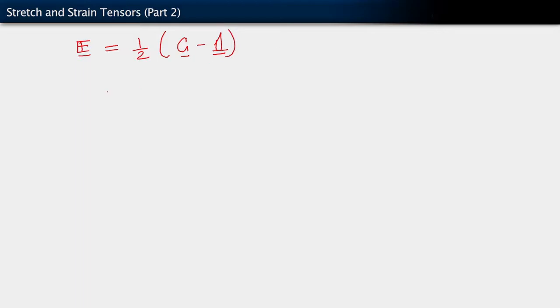As a result, we have E equals E transpose. It too is symmetric. Okay?